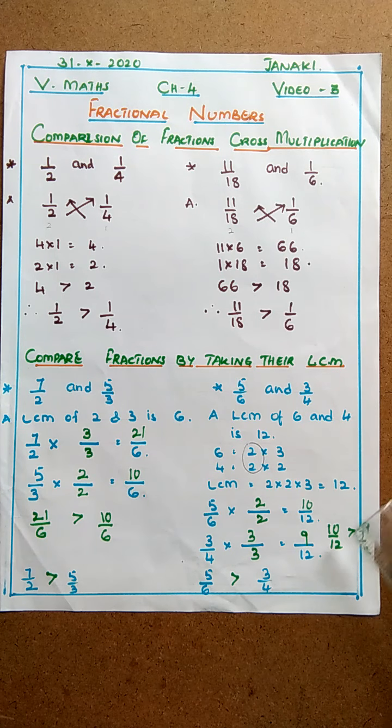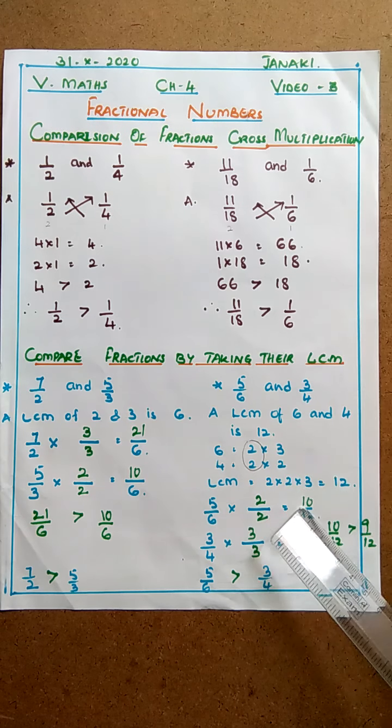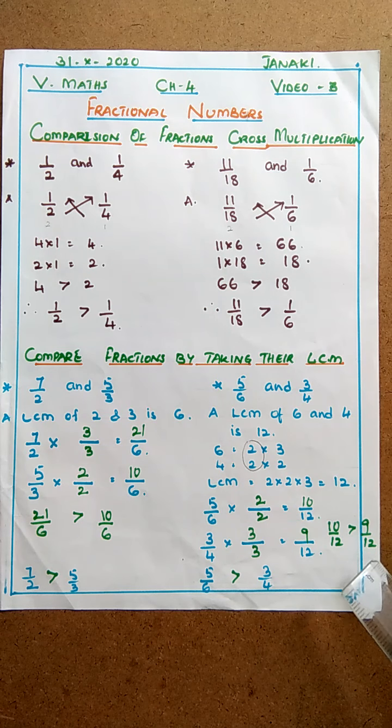Now, let us compare these two, 10 by 12 and 9 by 12. Here, these two, 9 by 12 and 10 by 12 are like fractions. They are having the same denominator. So, how do we compare? The fraction which has greater numerator is bigger than the fraction having less numerator. Here 10 is greater than 9. So, 10 by 12 is greater than 9 by 12.